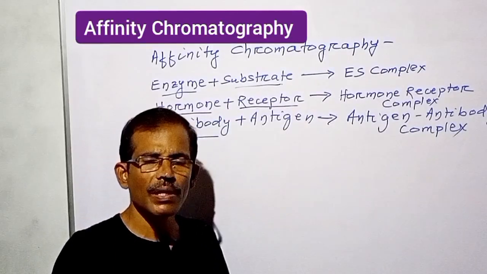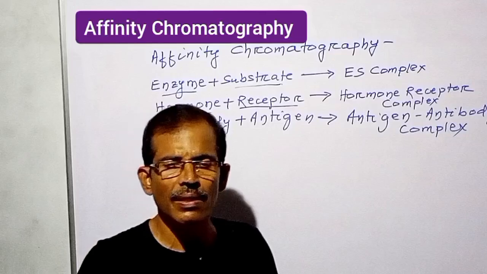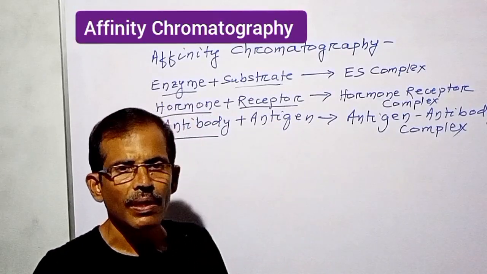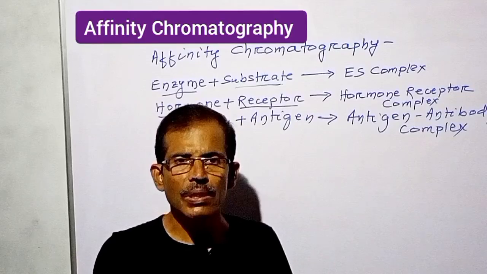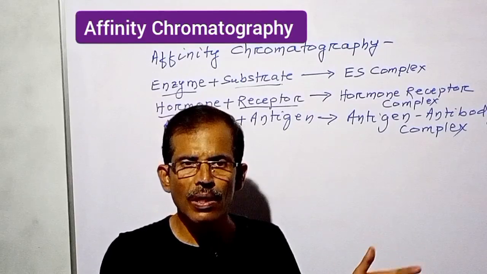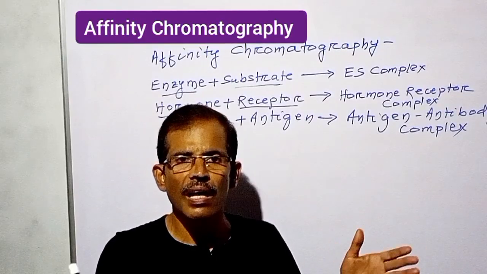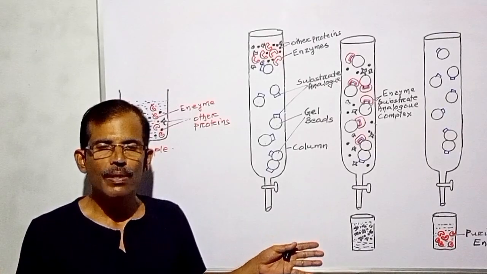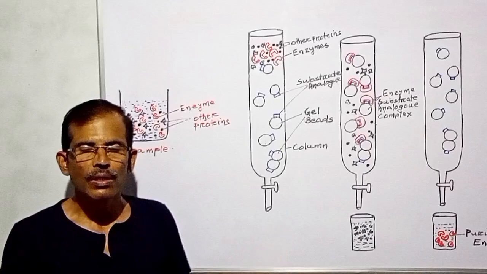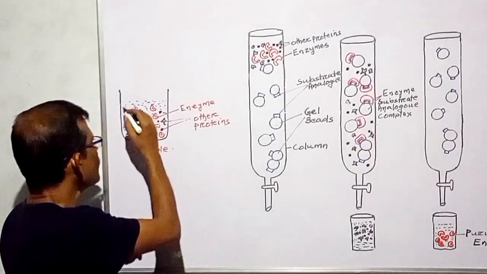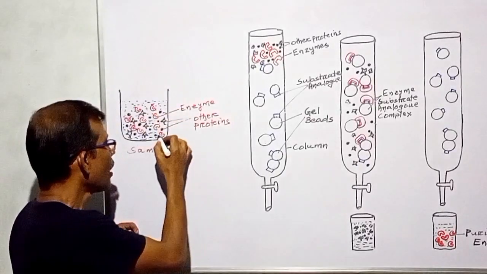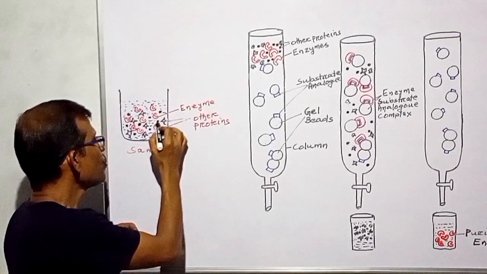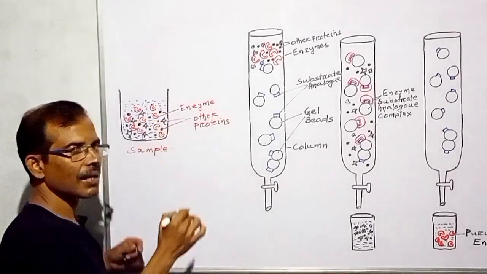Affinity chromatography is a powerful separation method that exploits this biological specificity. It utilizes the biological affinity of a macromolecule for its characteristic ligand. Affinity chromatography is performed usually in column mode. For example, we have a sample containing hundreds of different proteins from which we want to purify a particular enzyme.